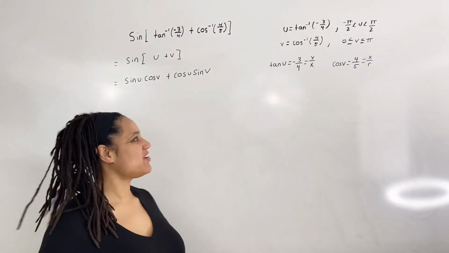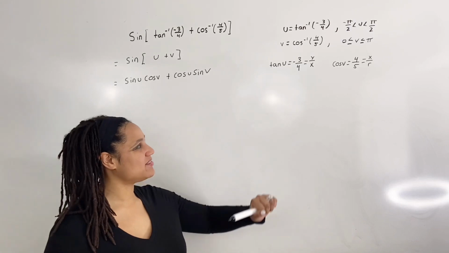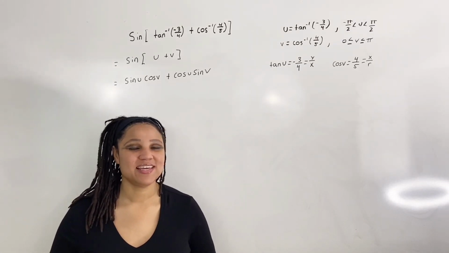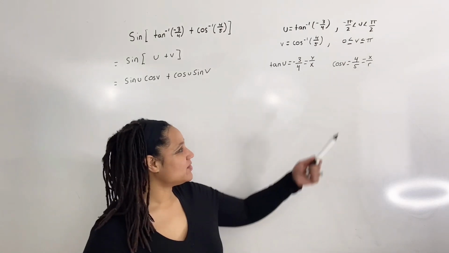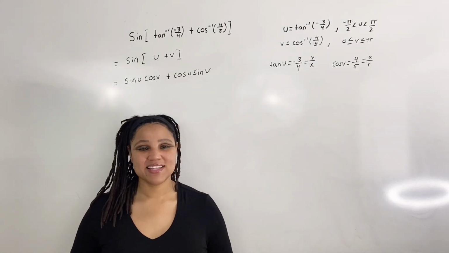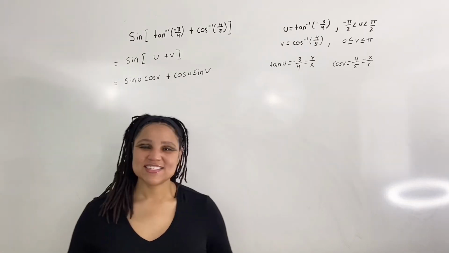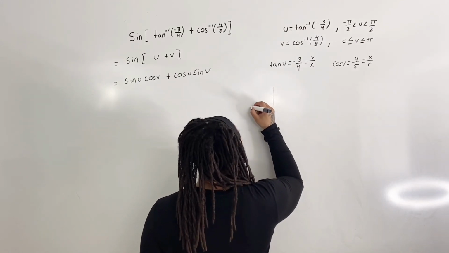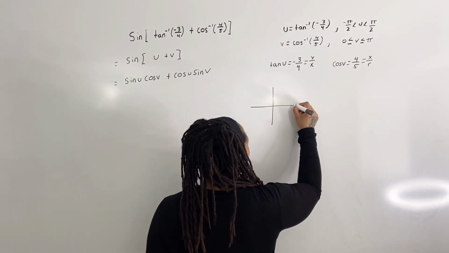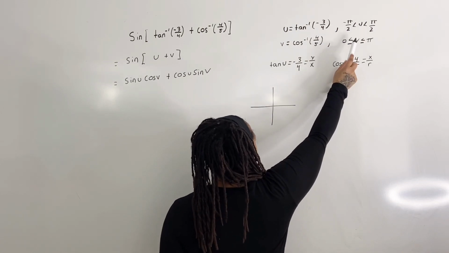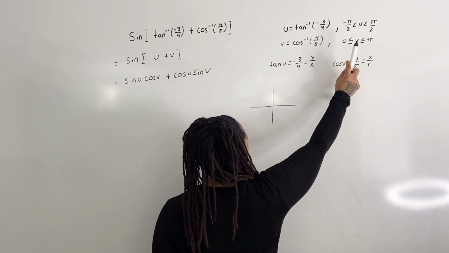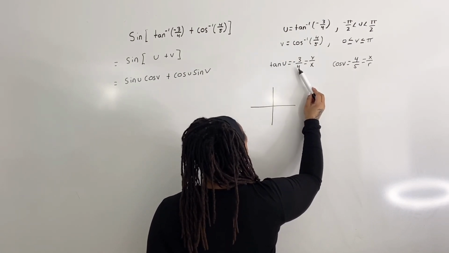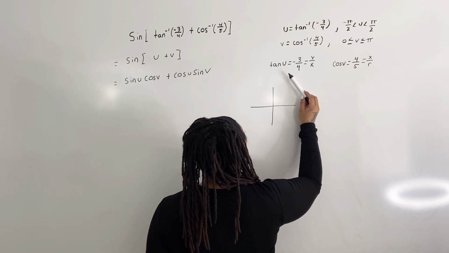Next, we draw a triangle with the angle u so that we can find the value of sine of u and cosine of u. And we also draw a triangle with the angle v so that we can find the value of sine of v. So, setting this up, we have to consider our restriction for u between -pi/2 to pi/2. And since tan of u is negative, we know that the angle u must be in the fourth quadrant.